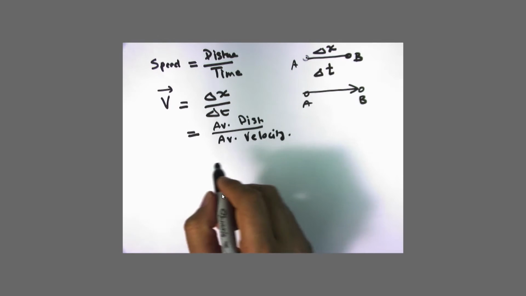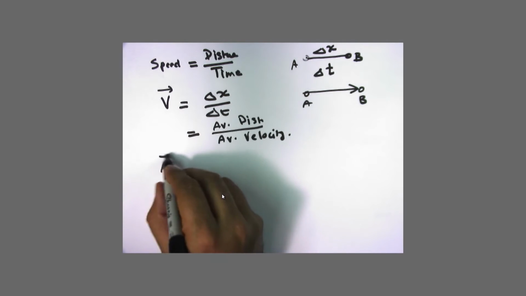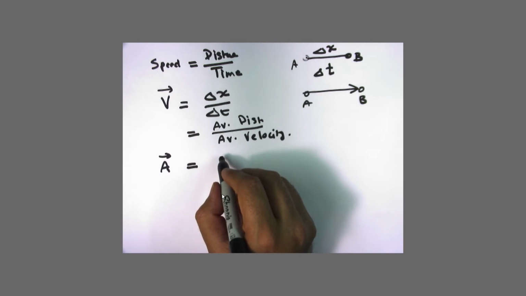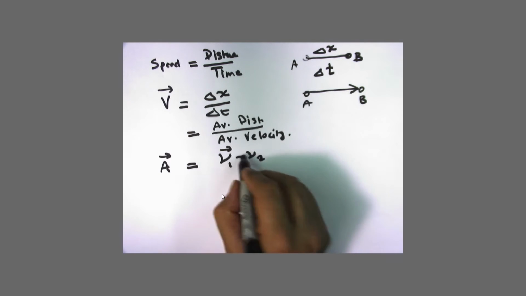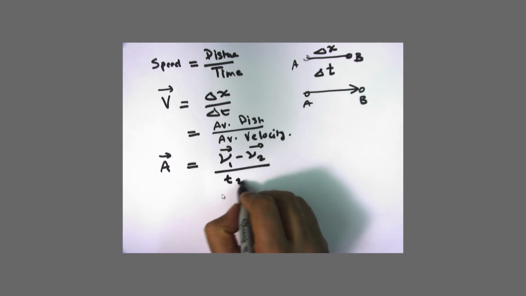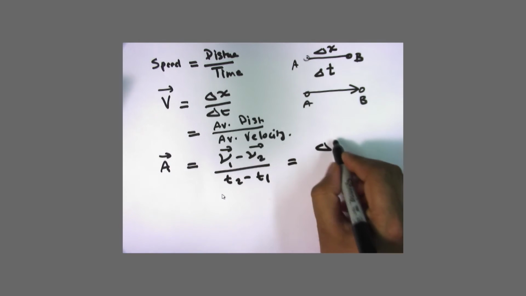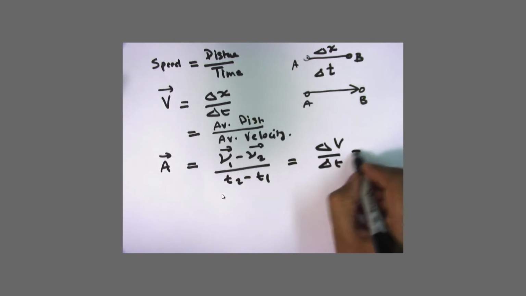All right. Now if I look at acceleration, then acceleration becomes the change in the velocity. So, if you look at velocity v 1 and v 2, v 2 minus v 1 over t 2 minus t 1, the time difference, then it will become delta v over delta t.